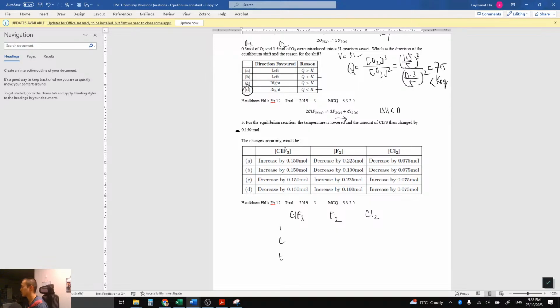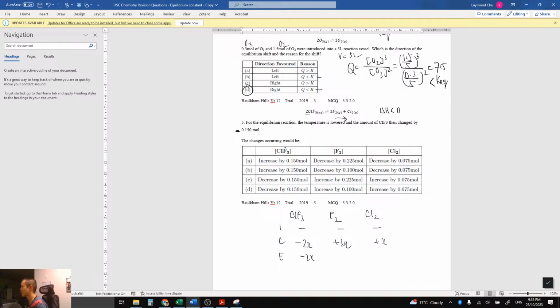We don't need to worry about what the initial is, because we're just looking at the changes here. Our options are just the change. Just looking at this equation, we're shifting to the right. That means the change is negative 2x because our ratio is 2. Our F2 is plus 3x and our Cl2 is plus x.